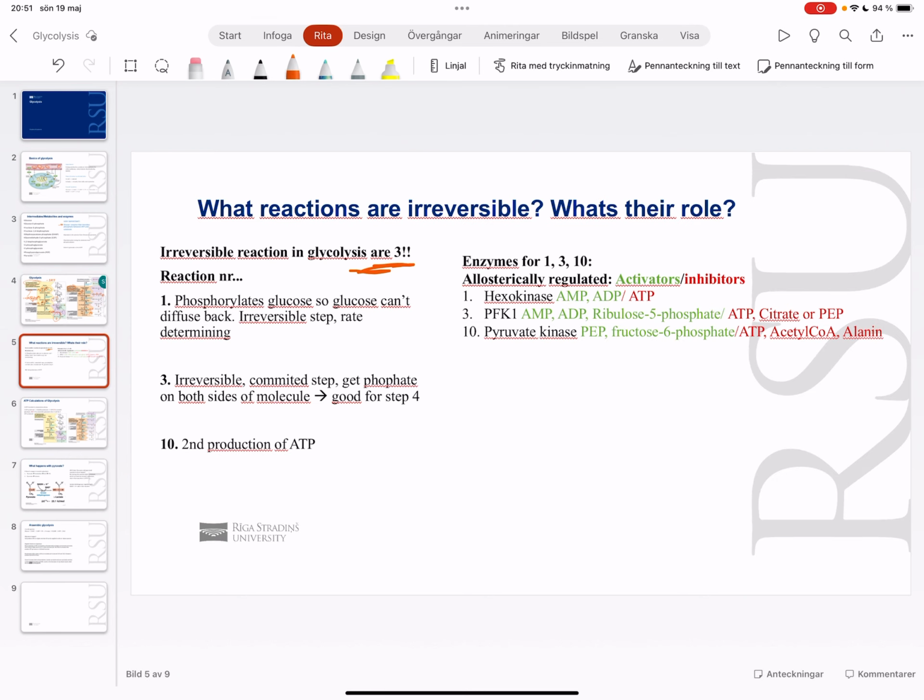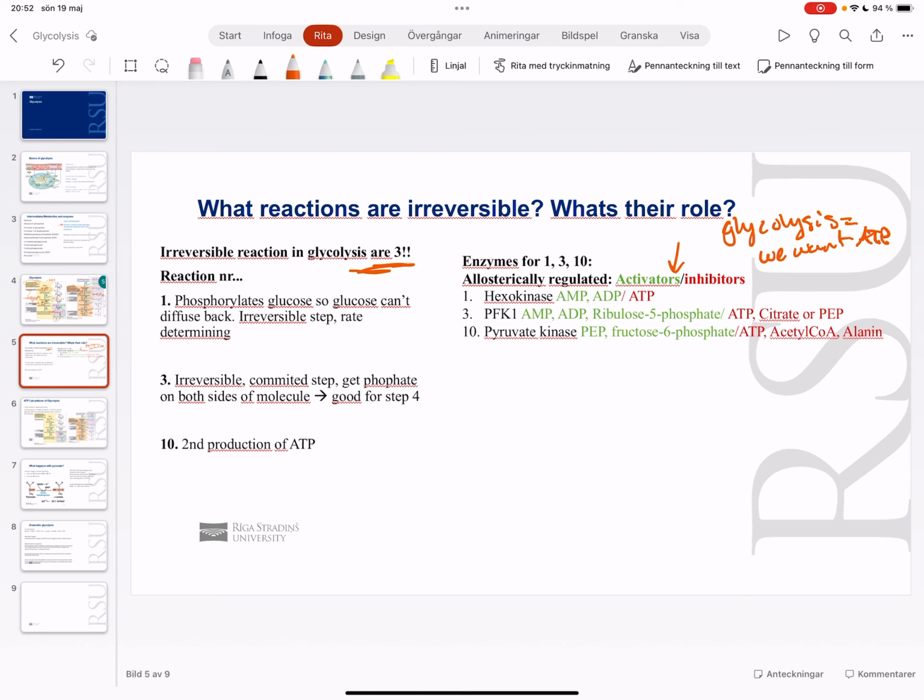Okay, so the enzymes for reaction number 1, 3, and 10 are allosterically regulated, so they can have activators or inhibitors. And a good thing to remember is that glycolysis, we want ATP, right?